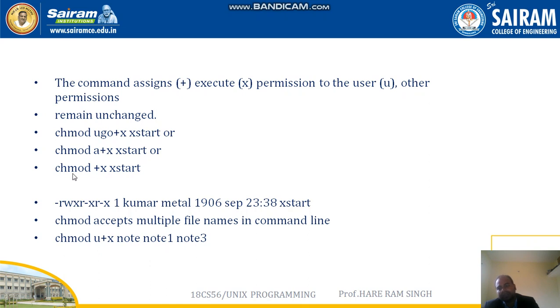Either you can write ugo or you can write a+x, or simply you can write +x. All three are the same. If you execute this, the file xstart becomes rwxr-xr-x. All get execute permission.